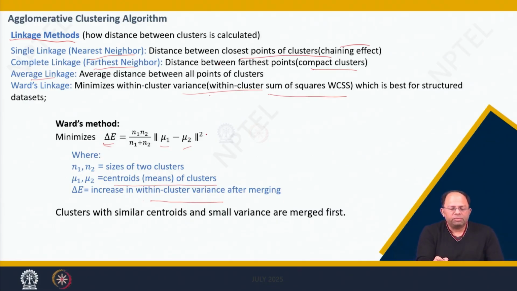And depending on the size of the clusters, we are creating a sort of weight for this value also, right? And we will try to minimize this. That means when the delta E value is less, then it is suitable, right? So clusters with similar centroids and small variance are merged first, and so on.